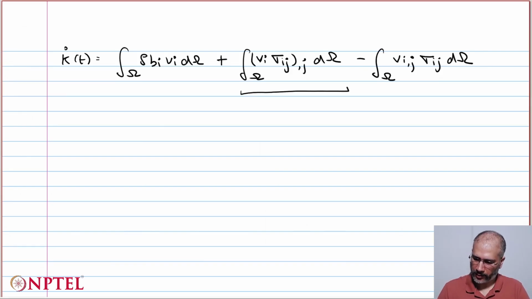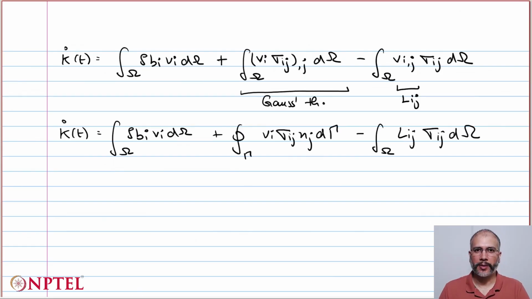And then we can apply Gauss's theorem here to express this into an area integral over the bounding surface of the body. And this vi comma j can be written as Lij, that is the velocity gradient tensor. So we get this expression.